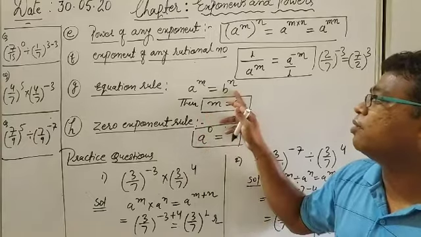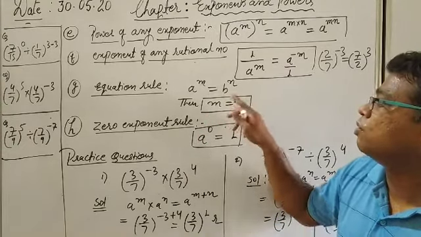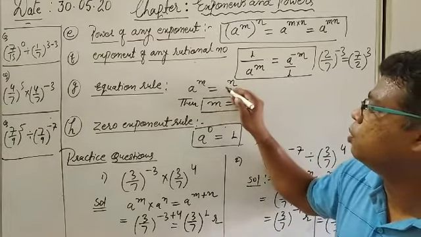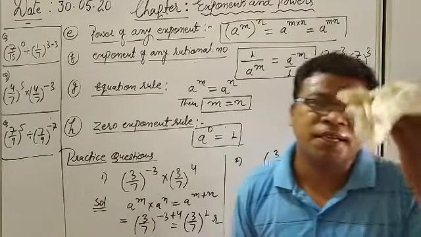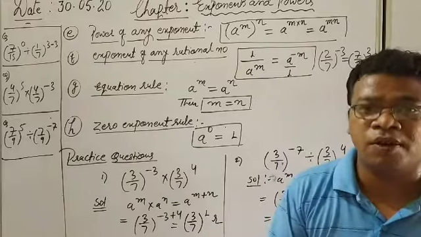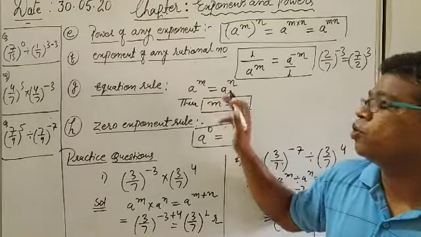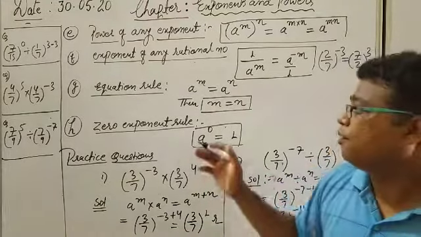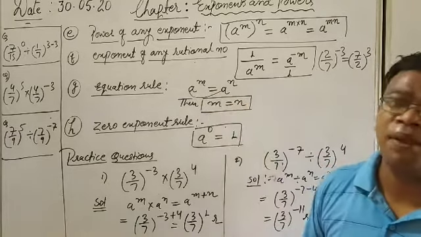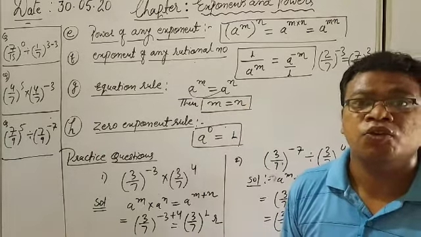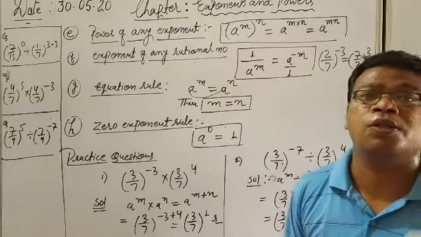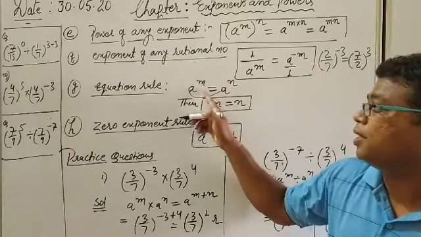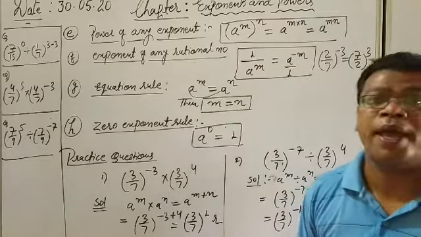So in this particular case, this should not be b, this should be a. Because it is written in equational form, the left hand side should be equal to the right hand side. If we compare the bases, and the bases are equal, a and a, then according to the rule their exponents should also be equal, and that indicates that m should be equal to n.